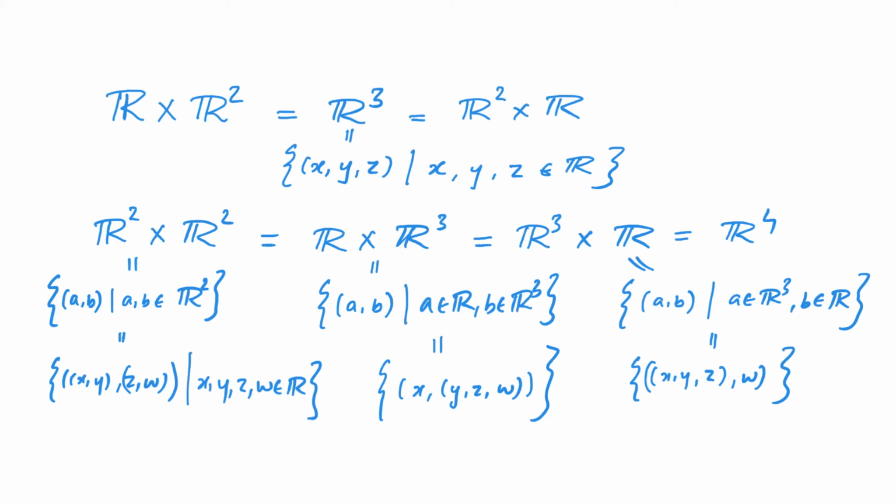And for convenience, we will often denote R4 as the set of all (x, y, z, w) such that x, y, z and w are in R.